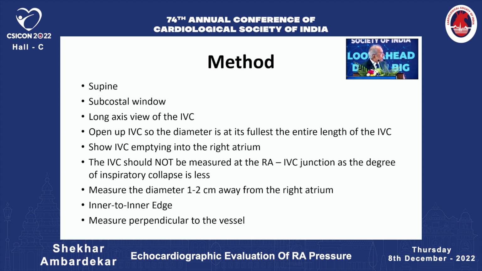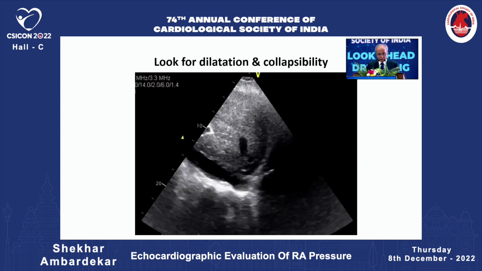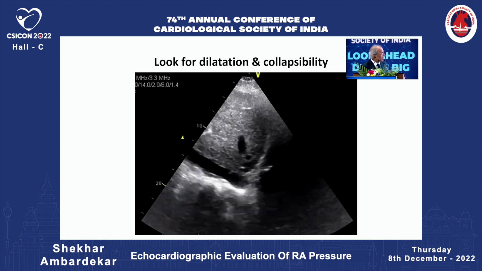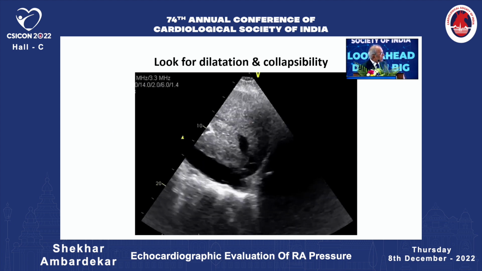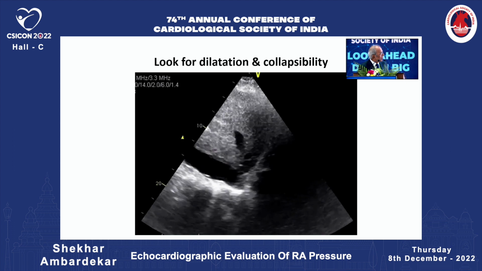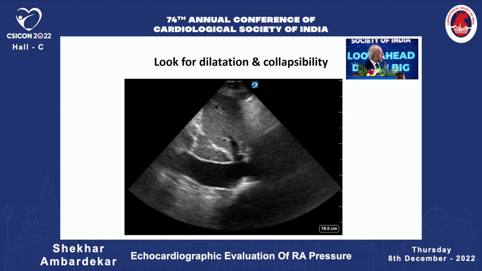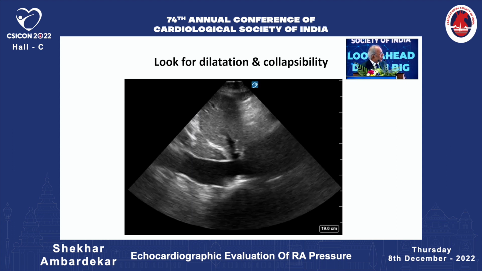Measure the diameter 1 to 2 centimeters away from the right atrium, and we should take inner to inner edge, and we should measure perpendicular to the length of the vessel. See, for example, now we see in 2D echo, we see IVC well, we should see it well. And we see that, okay, it is not collapsing.